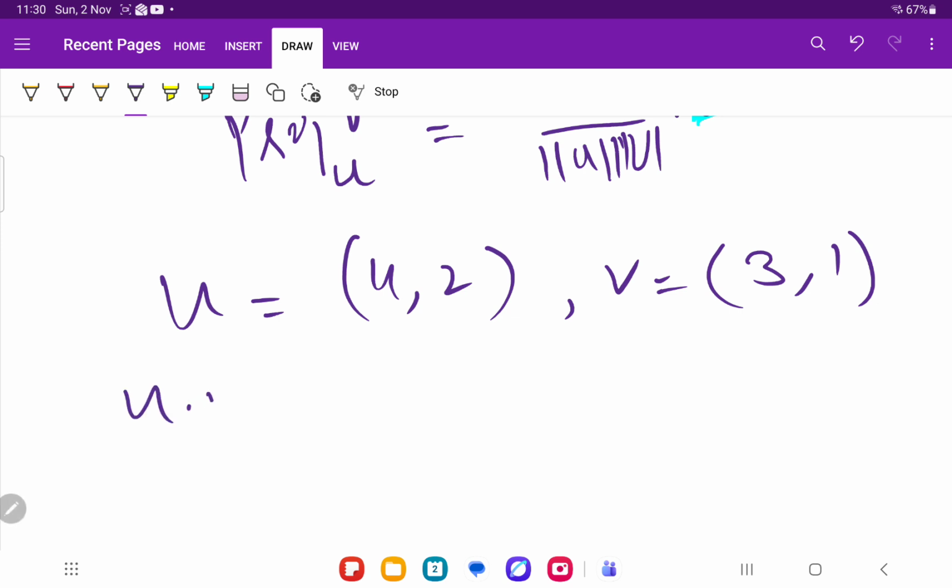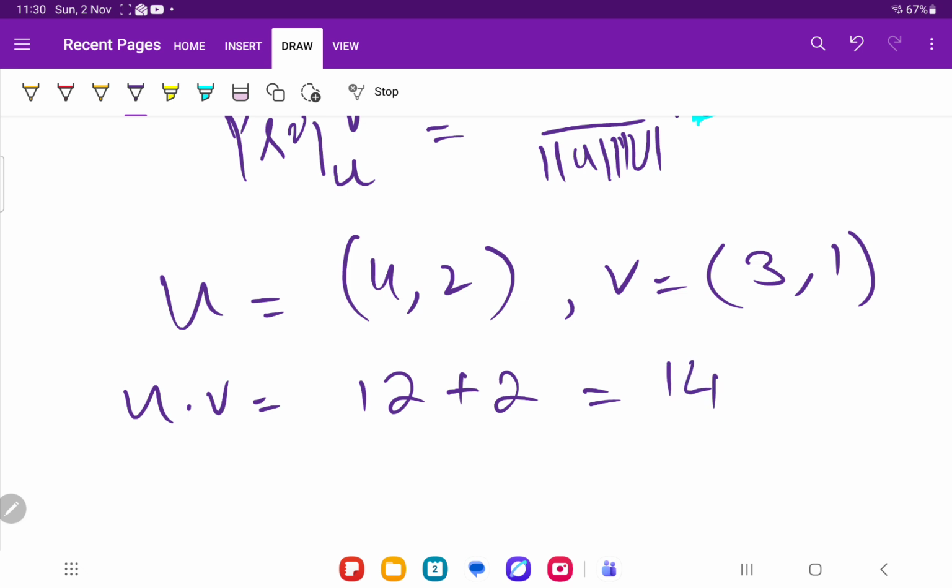We need the dot product u dot v. U dot v is basically element by element multiplication. 4 multiplied by 3, answer is 12, plus 2 multiplied by 1, answer is 2. So 14 is the answer of the dot product.